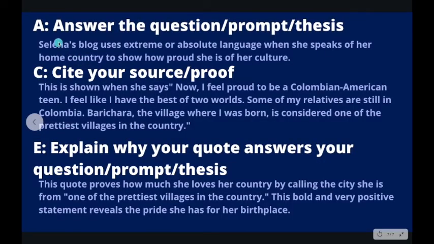Okay, so I'm going to answer the question, and of course my question was about extreme or absolute language. Selena's blog uses extreme or absolute language when she speaks of her home country to show how proud she is of her culture. So that's my because.